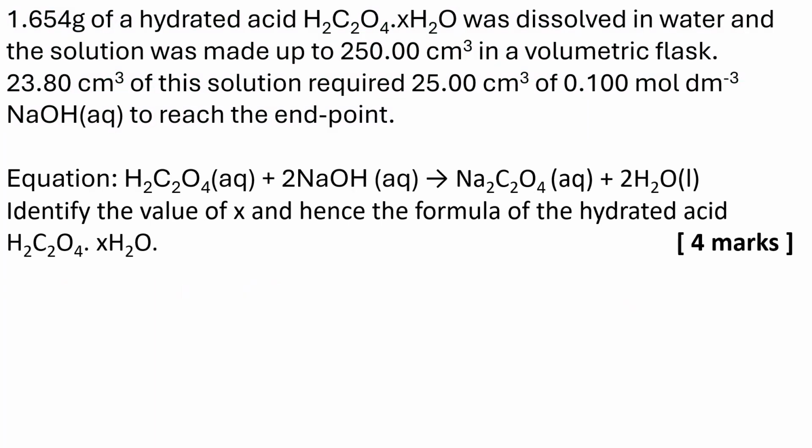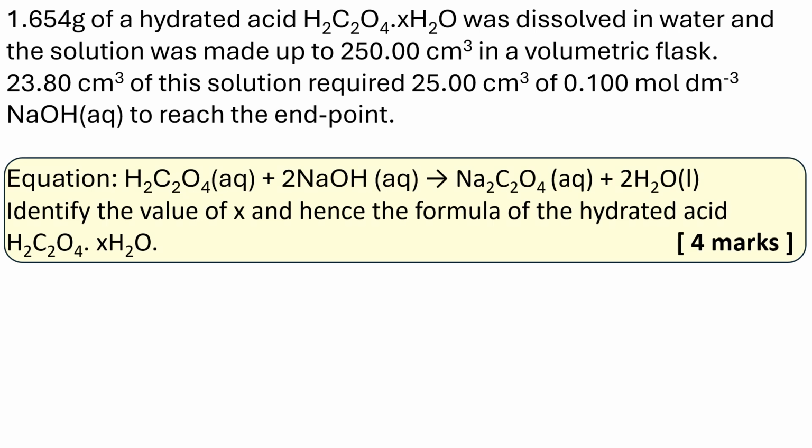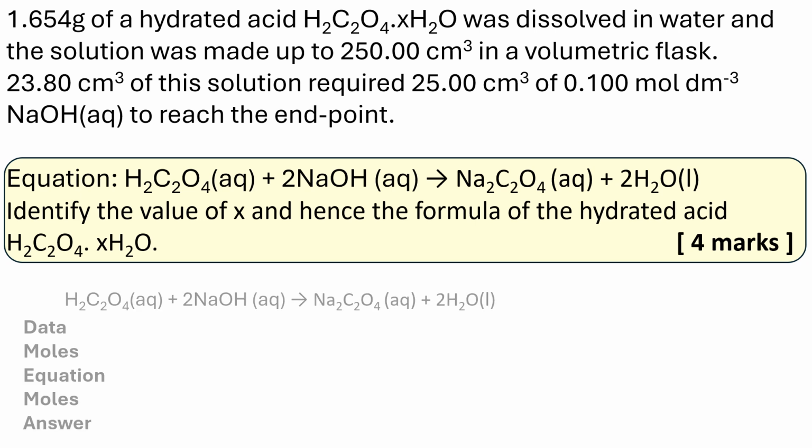Looking at the calculation part, they want you to identify the value of X and hence the formula of the hydrated acid. So if we take the equation and do what's called data, moles, equation, moles, answer, I'm going to concentrate on the sodium hydroxide because that's what we have enough data for to work out the moles.